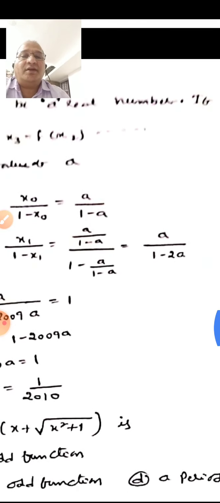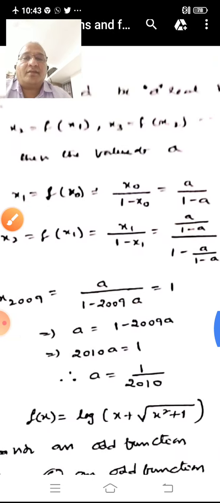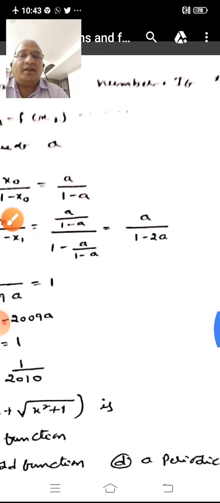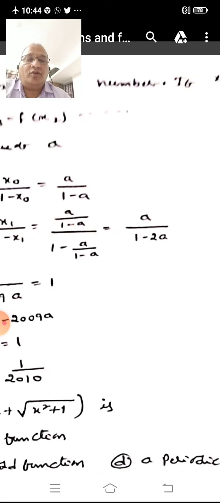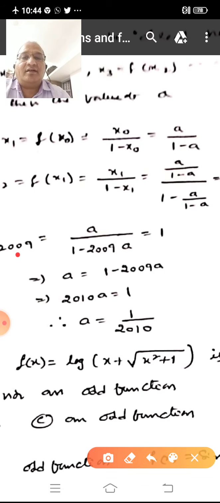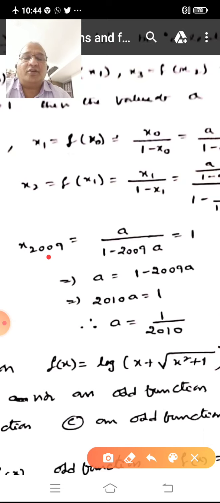So what you have to observe here is that 2 is there. When you take x2, you are getting 2a. So when we have x suffix 2019, for x2 you got 2, therefore we got 2009 as per that property.